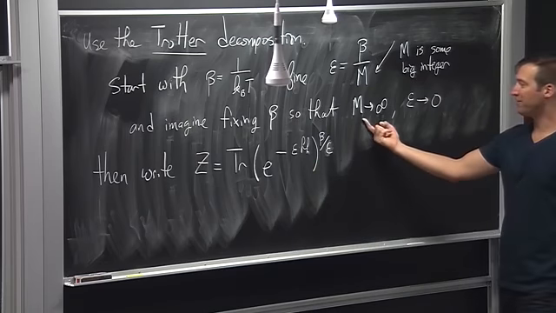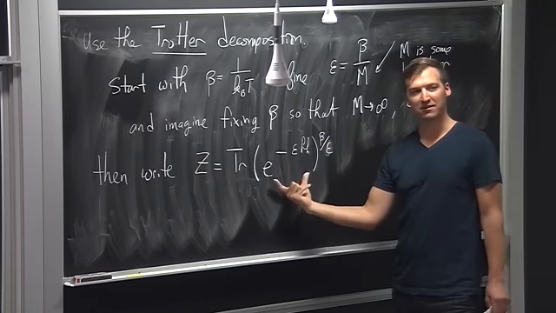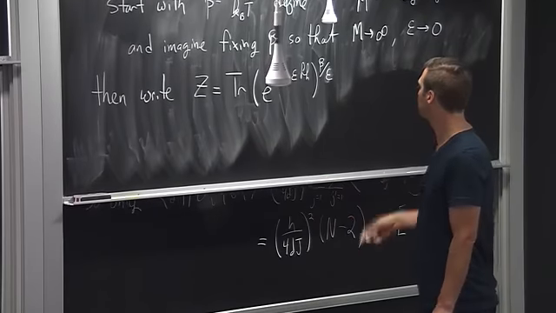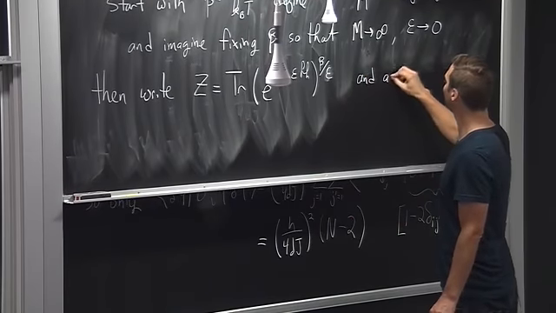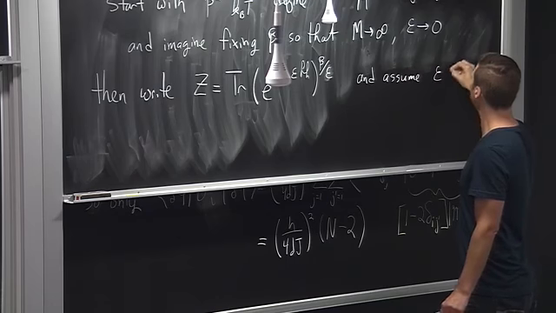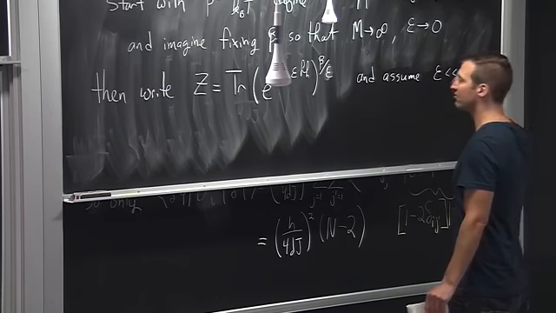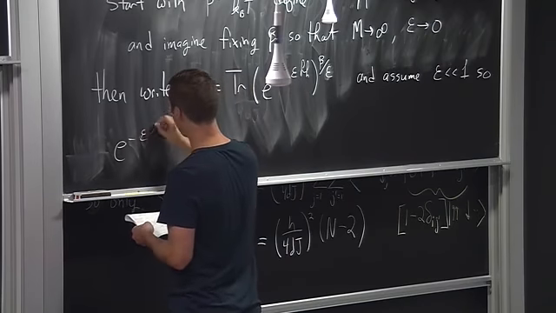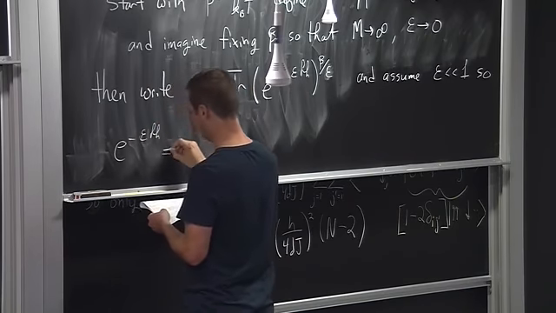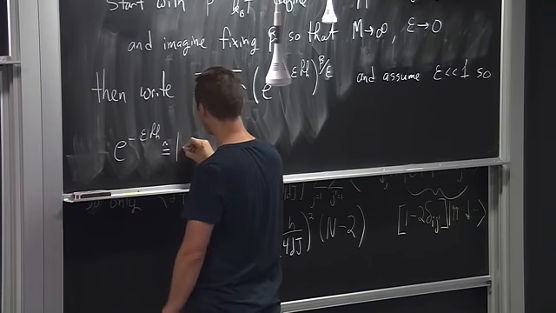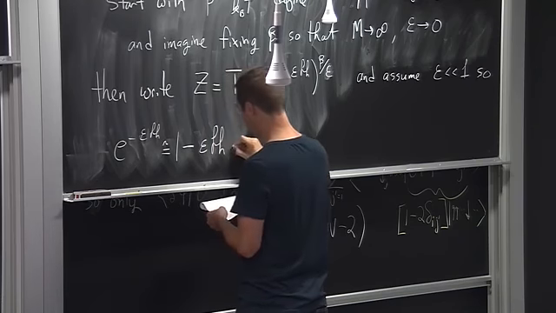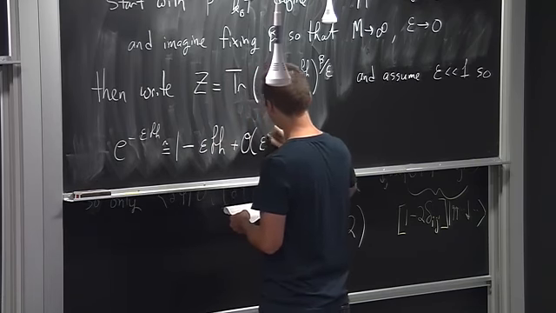And now I'm going to assume that I have this very large integer formally, and just write the Taylor expansion of the exponential. So this is approximately equal to 1 minus epsilon h plus higher order terms in epsilon.